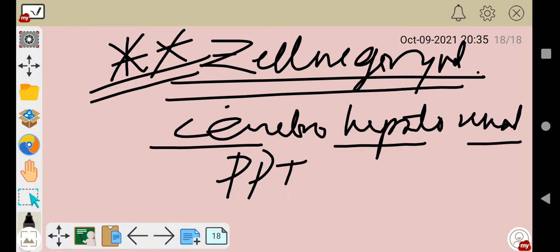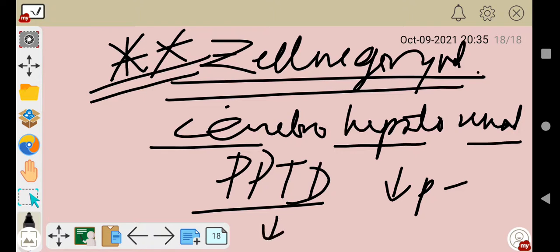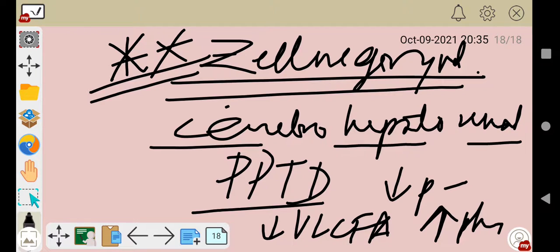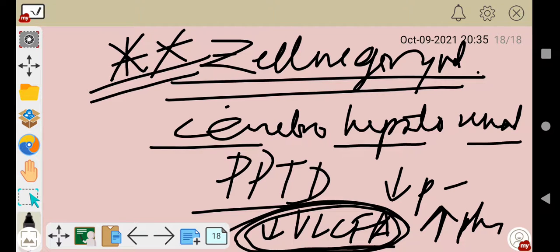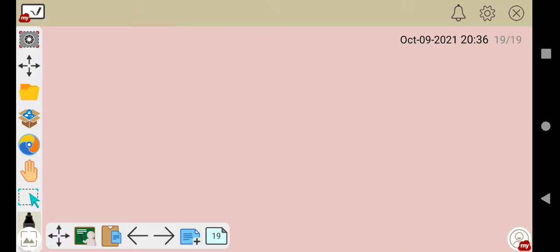Peroxisomal protein targeting disorder, with decreased peroxisomes, decreased very long chain fatty acids, and increased phytanic acid. Beta oxidation is blocked, therefore decreased very long chain fatty acids, and increased phytanic acid due to inhibition of alpha oxidation. Okay.